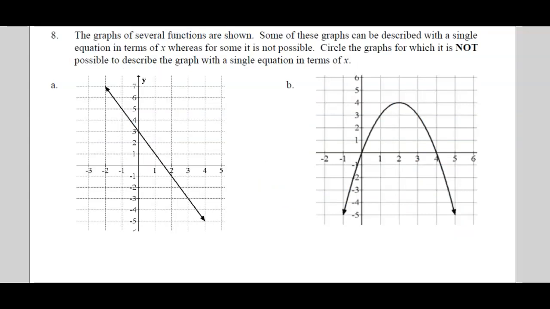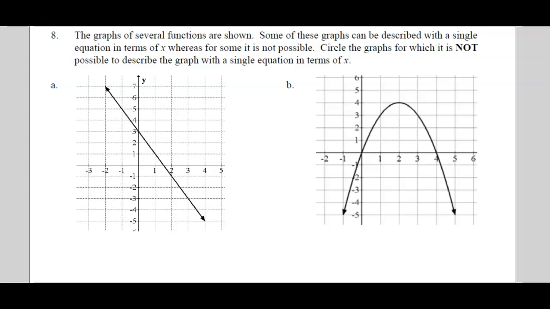Okay, it says the graphs of several functions are shown. Some of these graphs can be described with a single equation in terms of x, whereas for some it's not possible. Circle the graphs for which it is not possible to describe with a single equation. So back to Math 20, remember you learned about piecewise functions.